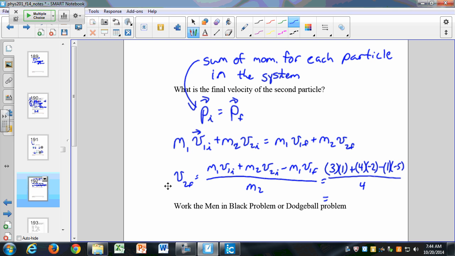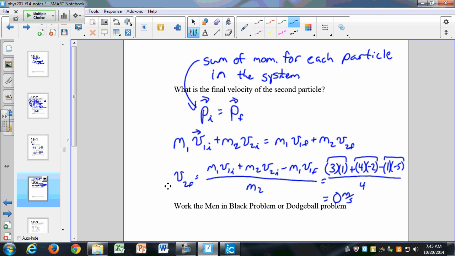So that's 3 minus 8 plus 5. Oh, so what is the final velocity? It's going to be 0 meters per second. 3 plus 5 over here is 8 minus 8 divided by 4.